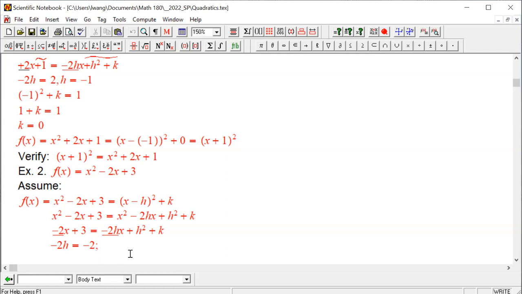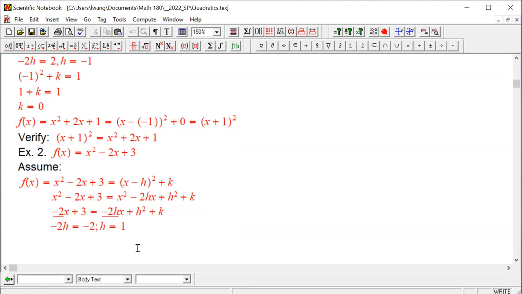You divide both sides by negative 2. So h equals 1. We found it. And the next one, we have to identify the k. So this piece should equal the constant part. So h squared plus k should equal 3.